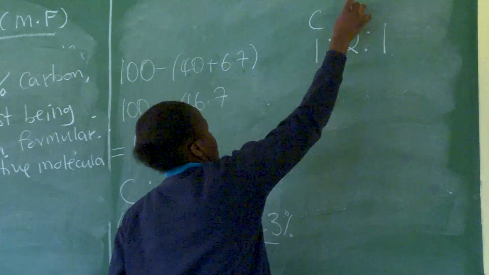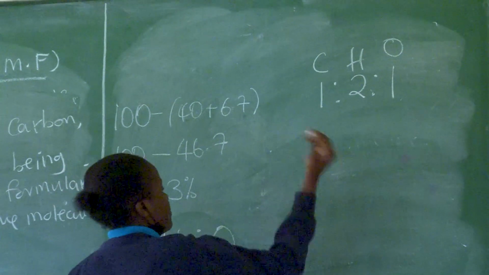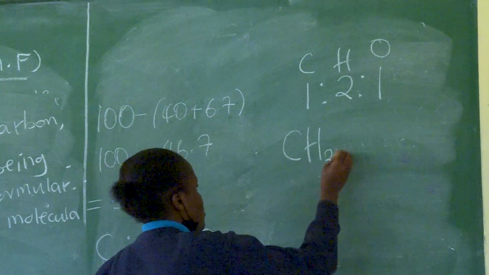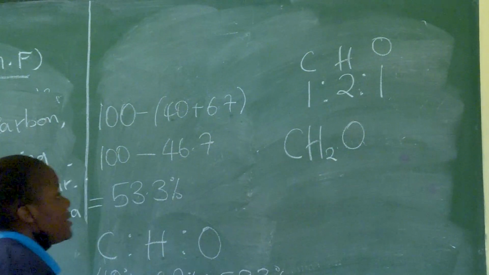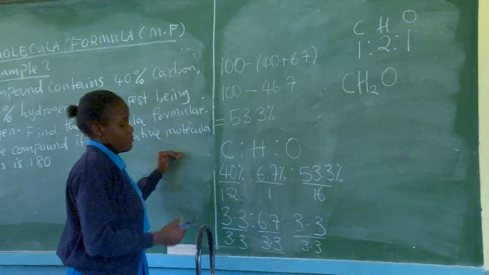This is carbon, hydrogen, and oxygen. So the empirical formula becomes CH2O.